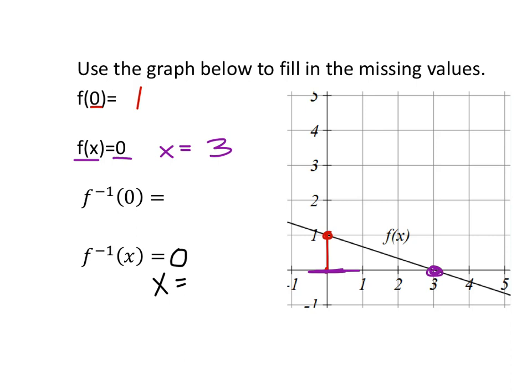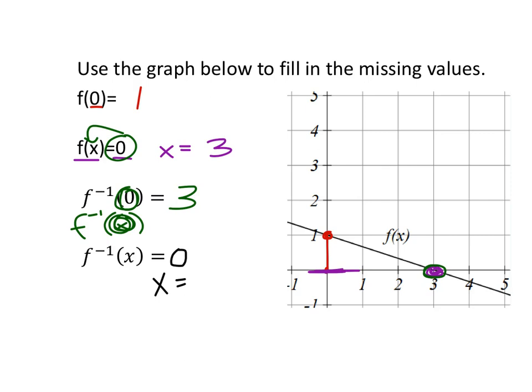We would look at this as f inverse of x, but now the x is 0. But remember, the inverse replaces the x and y's. So it's really asking what the x value is when y is 0. And that's 3 right there. Notice it's the same point that's right there in purple, like we found before. So it's just like they switched. So instead of the 0 being here, now it's where the x is.